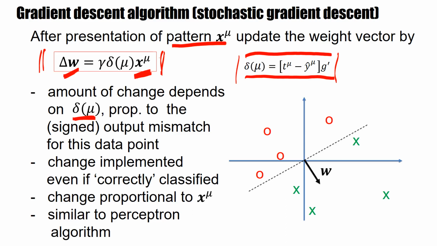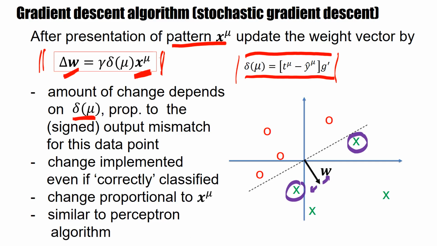So a point here that lies on the positive side of the hyperplane might still cause a tiny change in the weight vector in this direction. A point here might cause a tiny change in this direction, and so forth. So points that are correctly classified, in the sense that they are already lying on the correct side of the hyperplane, may still lead to a small change of the weight vector.